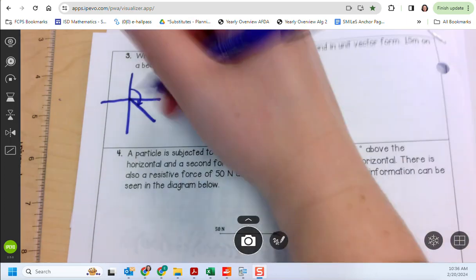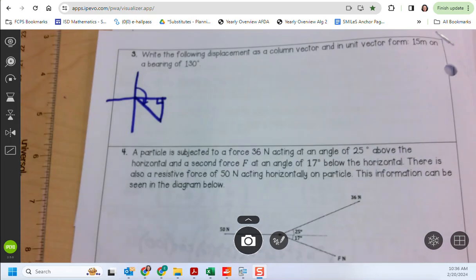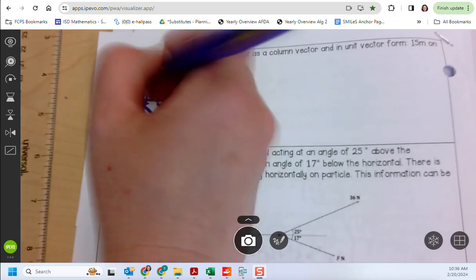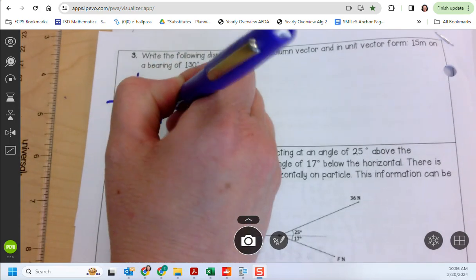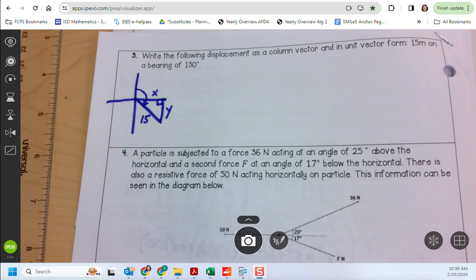And then you're going to draw a triangle that goes straight up to the x-axis and draw that right angle. So when you do a problem like this, always connect the end of your vector to the x-axis with a right angle. We're going to put 15 here. All right, can we just do a little bit of right triangle trig to find x and y here?